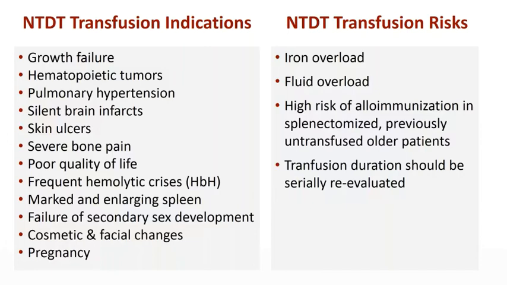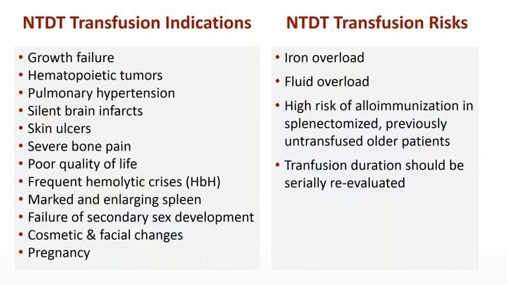There is a risk to transfusing this population. They're older, and when you transfuse them, they can get iron overloaded, but the ferritin does not accurately reflect the total body iron. For reasons we don't have time to explain, the ferritin underestimates the iron burden. So intermittent transfusions in this population require liver management.